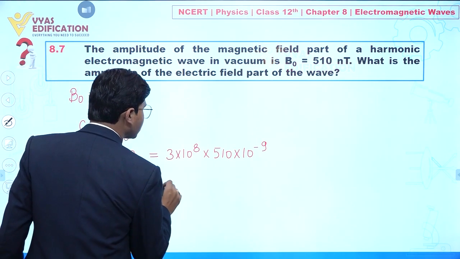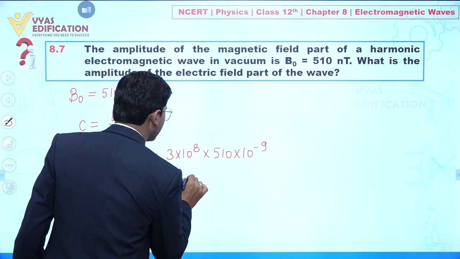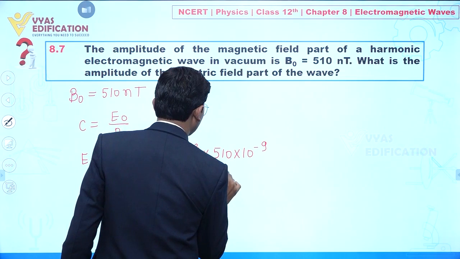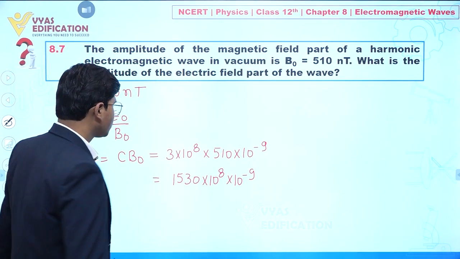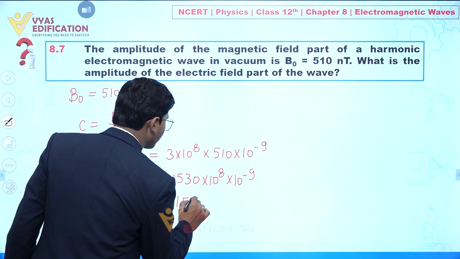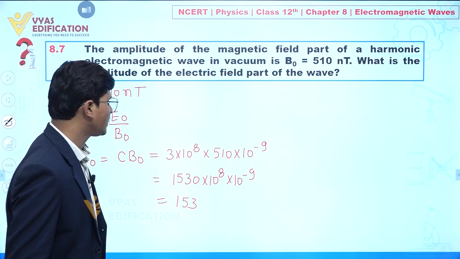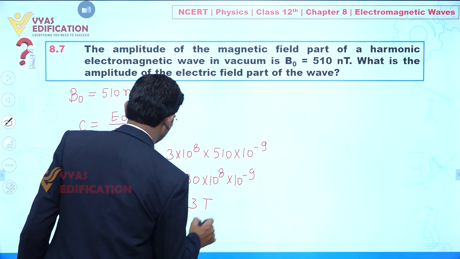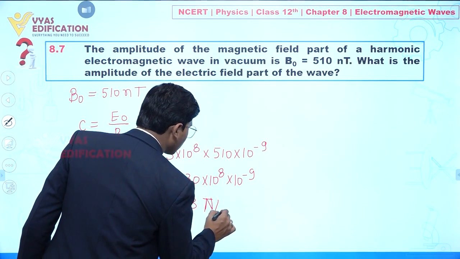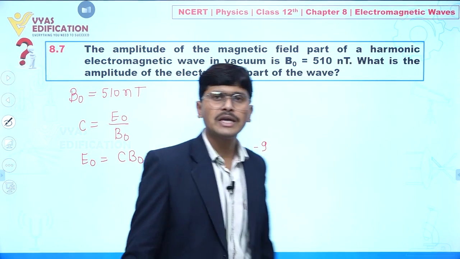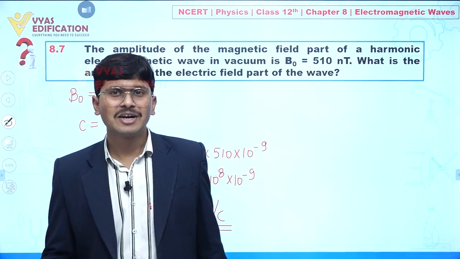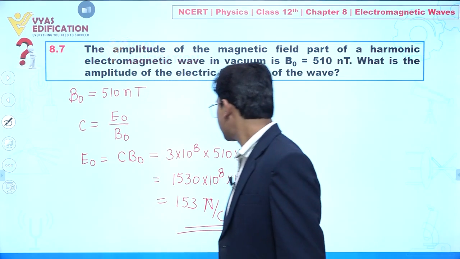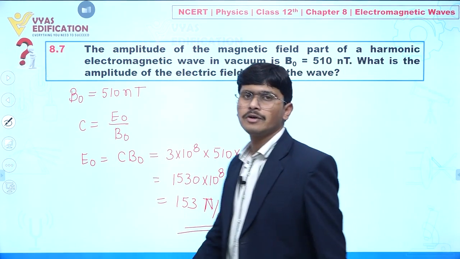So from here this is equal to 1530 into 10 to the power 8 into 10 to the power minus 9, clear. So from here we can write this as 153 Newton per Coulomb, because this is electric field. Electric field is given in the unit of Newton per Coulomb or volt per meter, clear. So the correct answer we have is 153 Newton per Coulomb, clear.